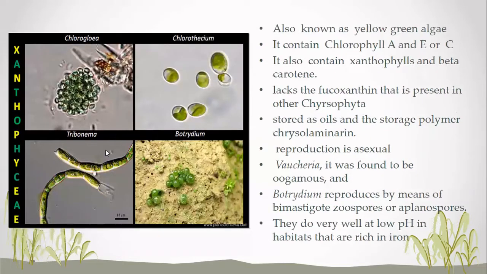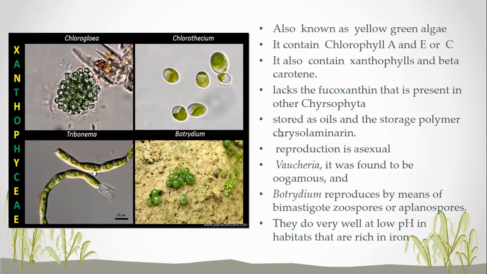Next, we have the Xanthophyceae. Theirs is chlorophyll A, E, and C. So that is the common pigment found in the yellow-green algae group. Okay, they lack fucoxanthin. They store oil.